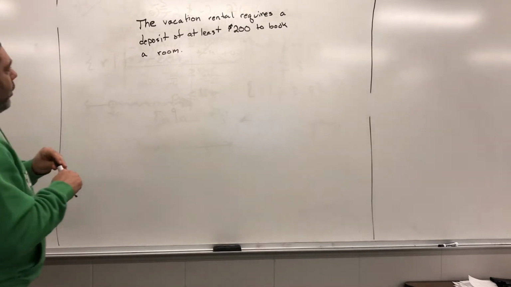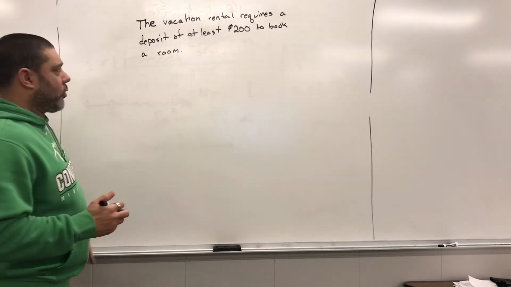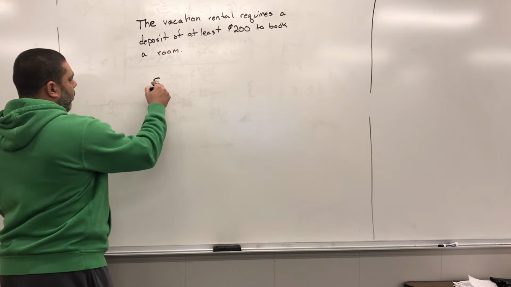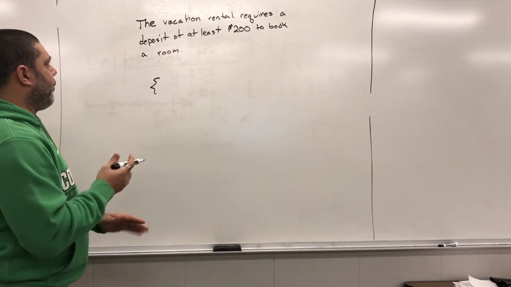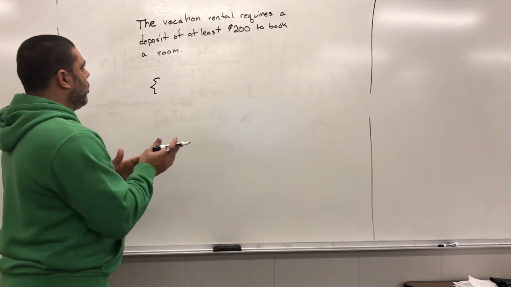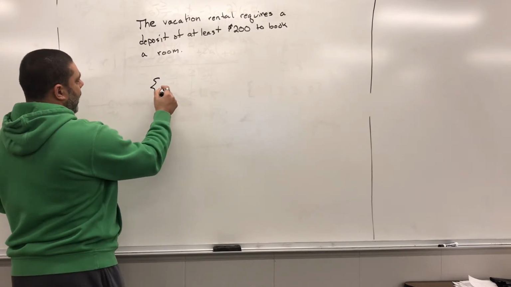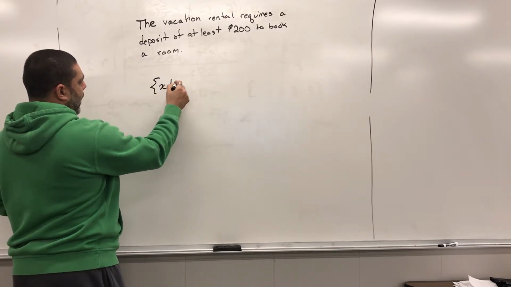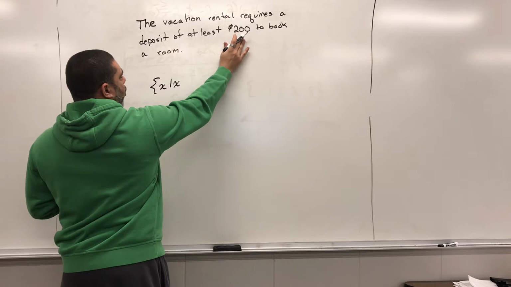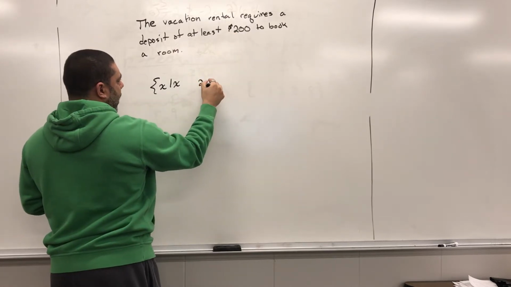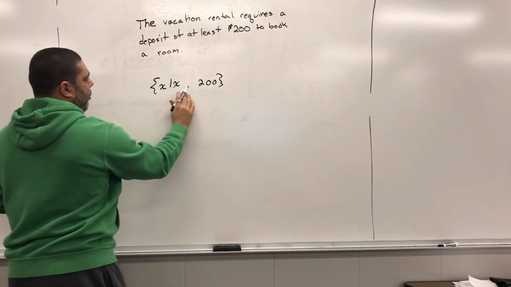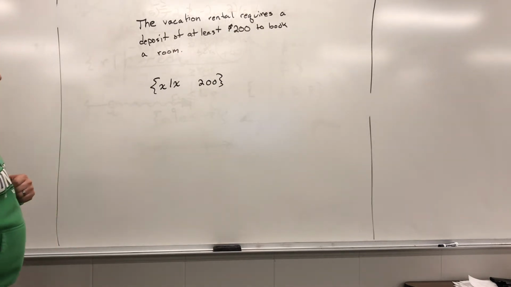All right, for this one, remember we've been writing these in our set notation. The variable you choose is kind of irrelevant. You've got to decide what you're going to choose on your own. I'm just going to use x. So x such that x, and I know my border value is 200. Now it's just a matter of figuring out my inequality symbol.